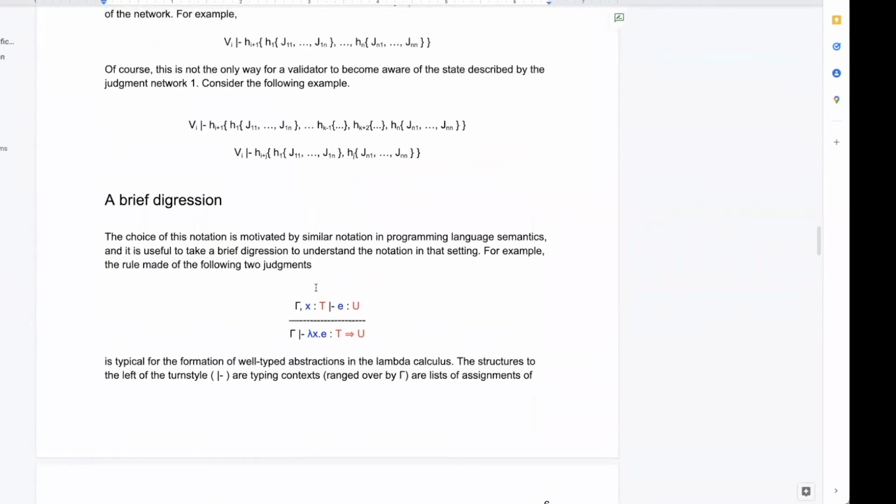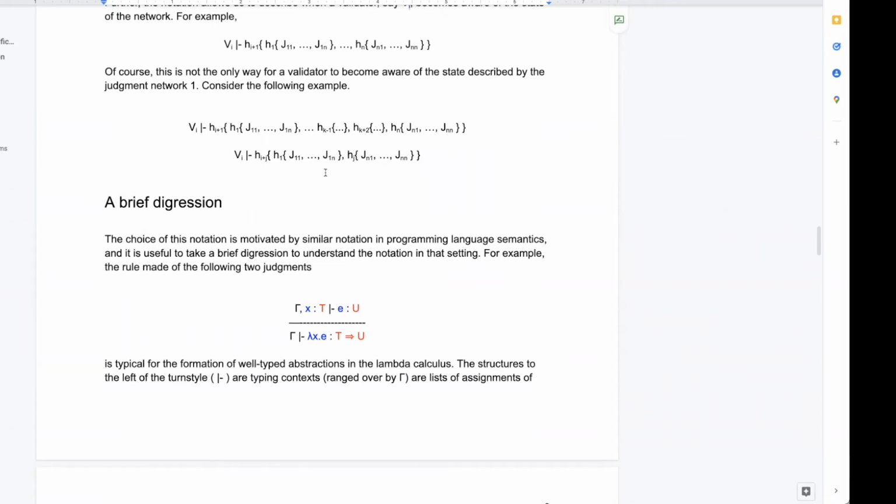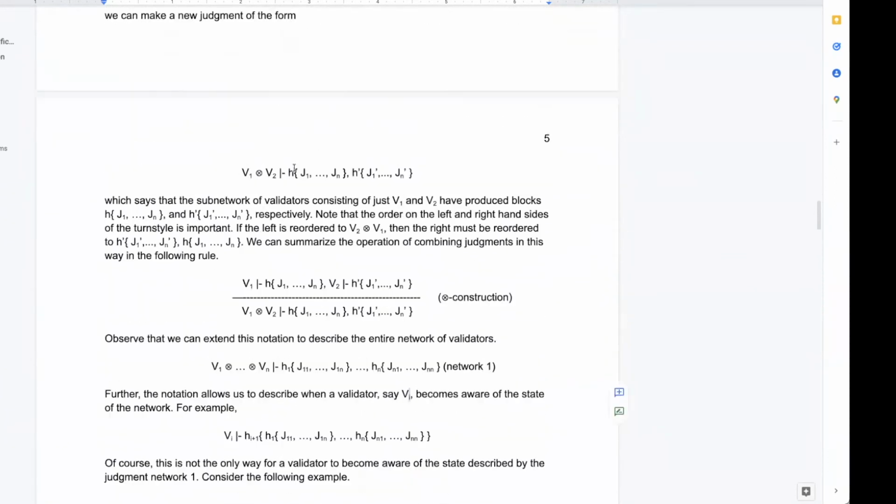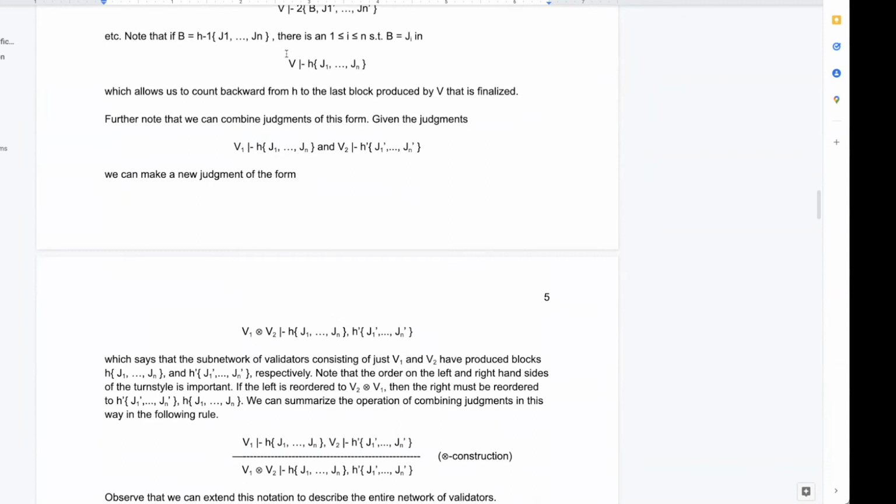It's going to become important later because what we're going to do is utilize some intuitions here to upgrade this notation. So here's a spoiler. This notation currently is only at the term level. There's no type level information.